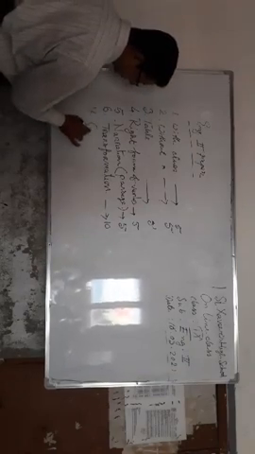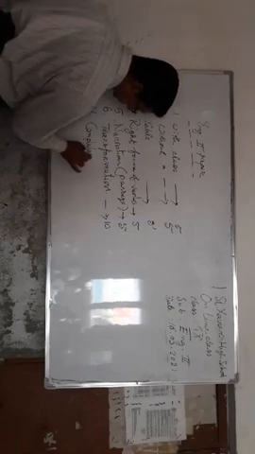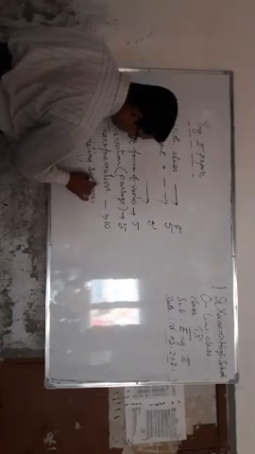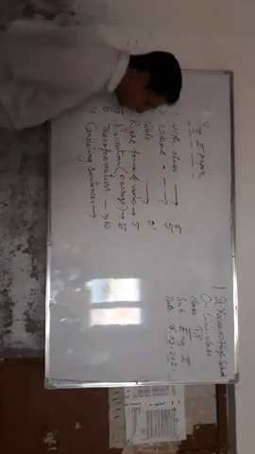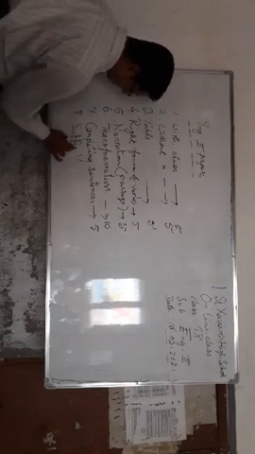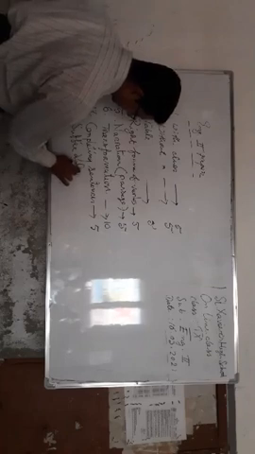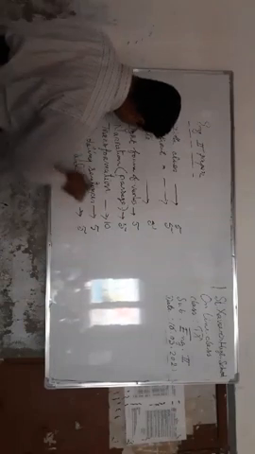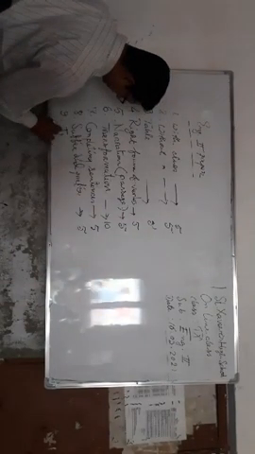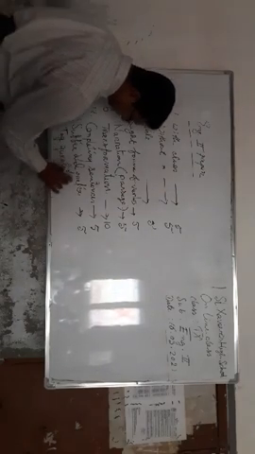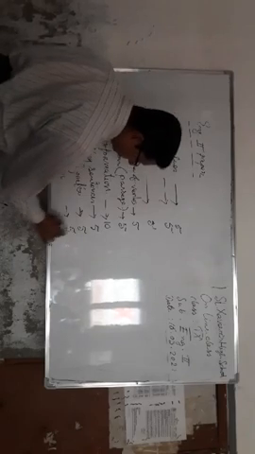Number 7, completing sentences, 5 marks. Number 8, suffix and prefix, 5 marks. Number 9, tag question. Here is also 5 marks.